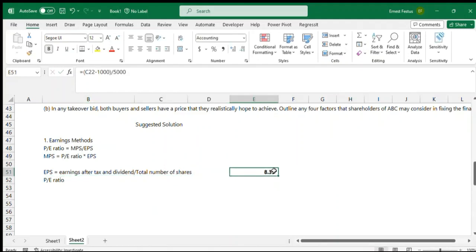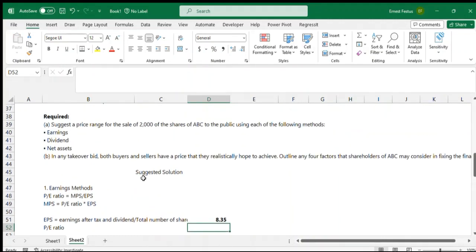What we mean is that we are going to consider the PE ratio for the listed company, adjust it for any risk that we assume, and use it as a proxy for the unlisted company.